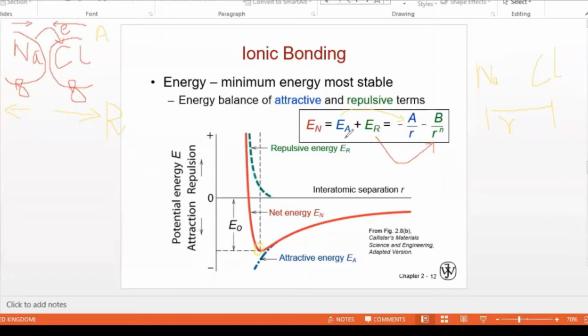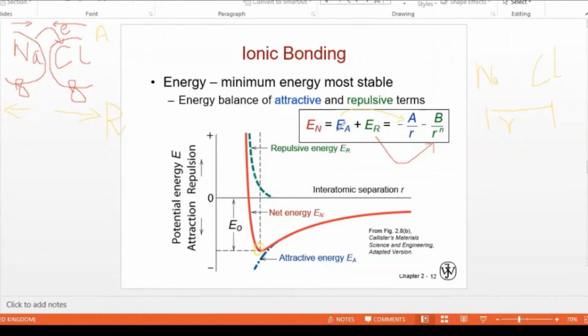Similarly, what is shown in this green dotted line is the repulsive energy, ER. The sum of these two, the attractive energy and the repulsive energy, will be the final net energy En.